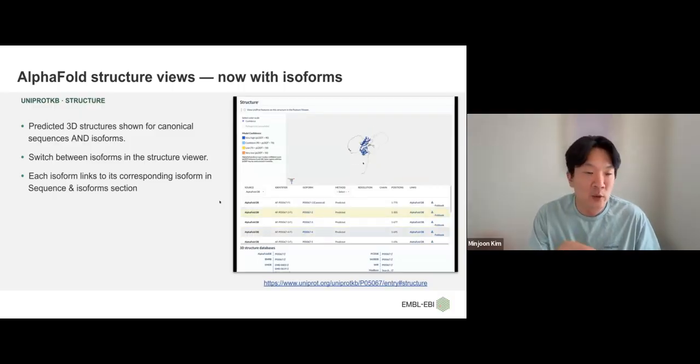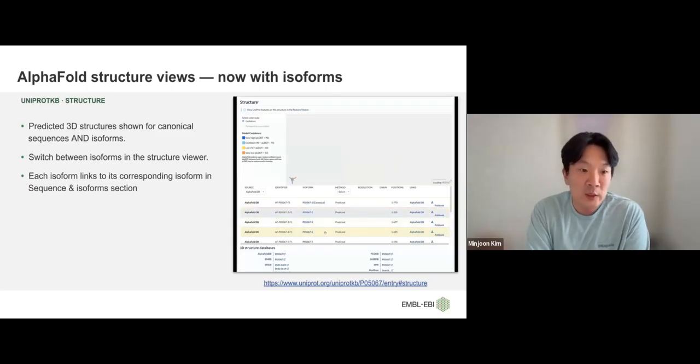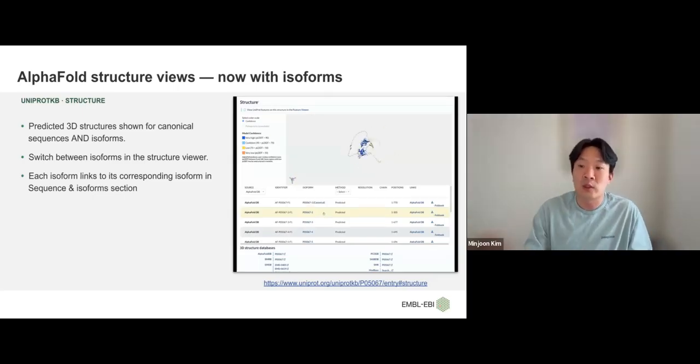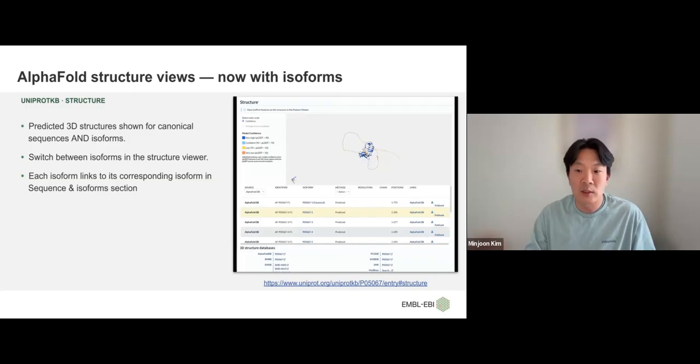The -1, -2 are the different isoforms, and the canonical one is labeled as canonical. So you can switch between the isoforms in the structure viewer, and each isoform links to its corresponding isoform in the sequence and isoform section. So you can actually go to the particular sequence or isoform sequence if you want the actual sequence to copy, to use it for BLAST, etc.